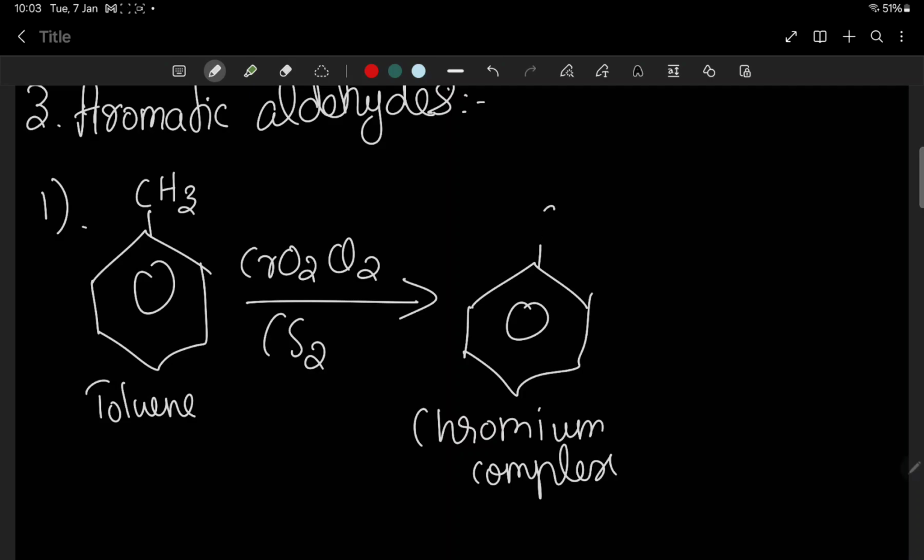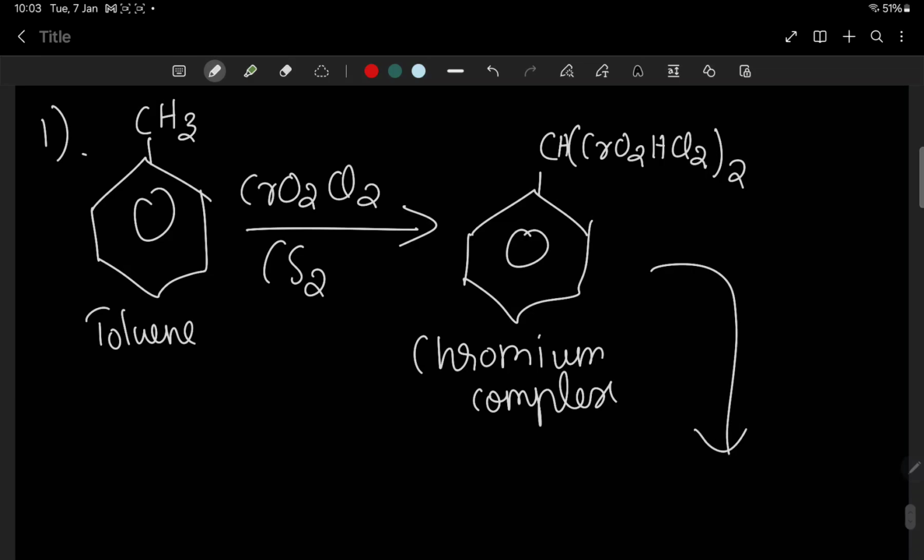What happened? We get an intermediate, that is CH Cr O2 Cl2 twice, with CH in it. This is a chromium complex we are getting.